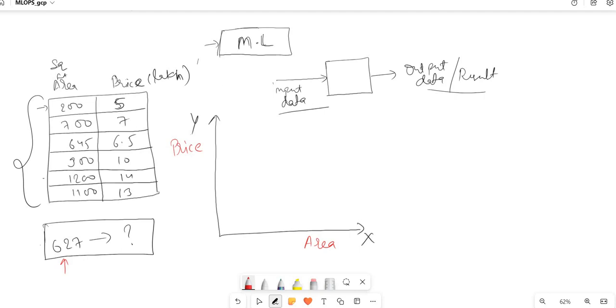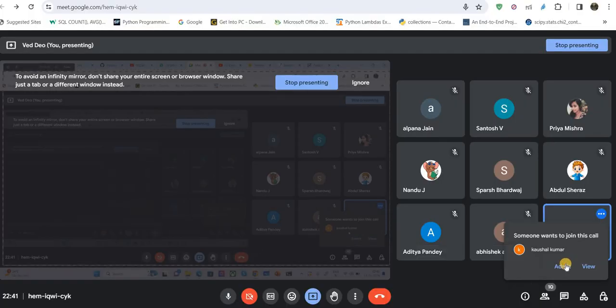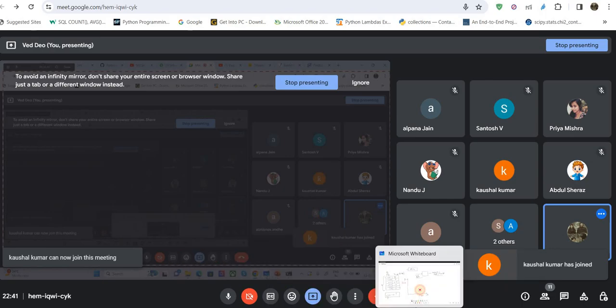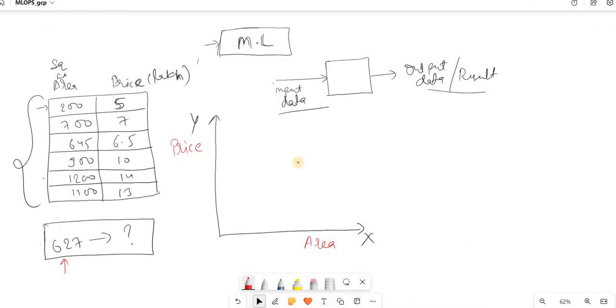Now, slowly, we need to understand the terminologies one by one. Here are two terminologies we need to understand.